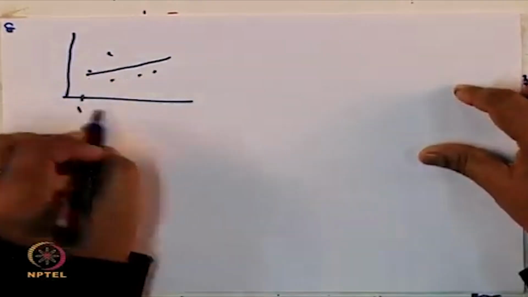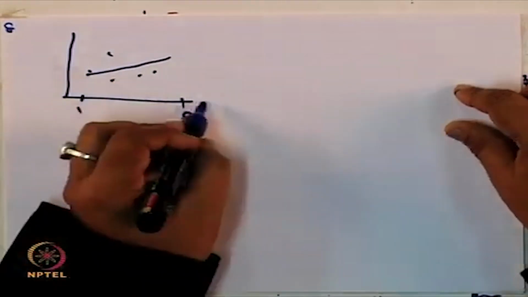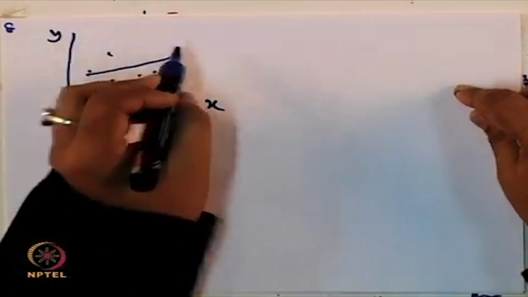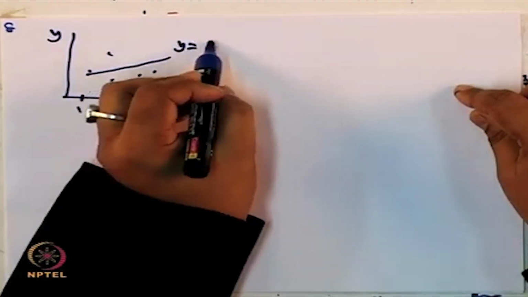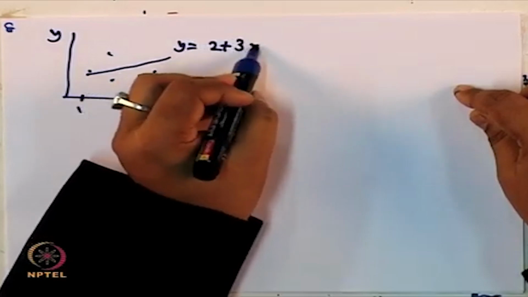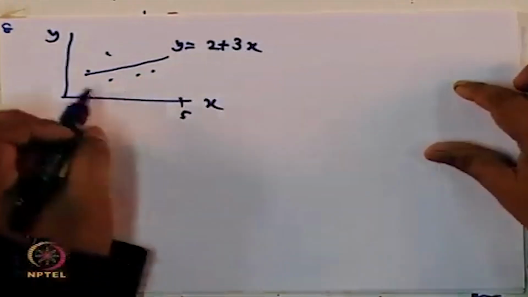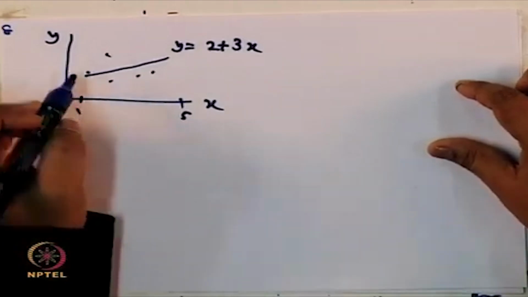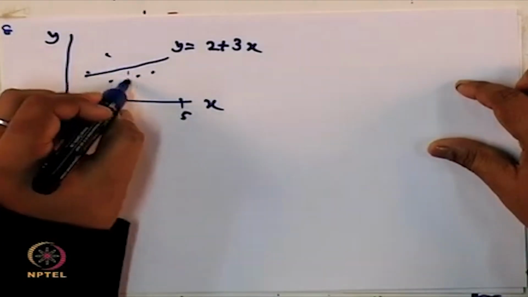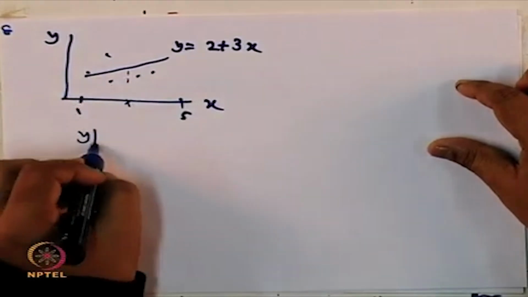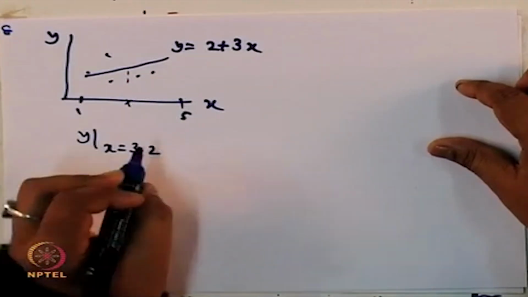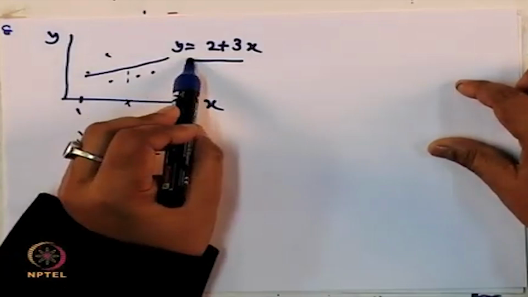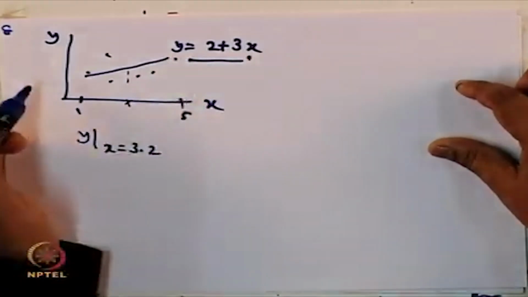So, let us say this is 1 and this is 5, this is my x, this is my y, and this is a particular equation, let us say 2 plus 3x. I want to know the value of y given a value of x. Let us say I want to know the value of y at x equal to 3.2. So, what I do is I simply plug in the value of x and get the corresponding value of y.